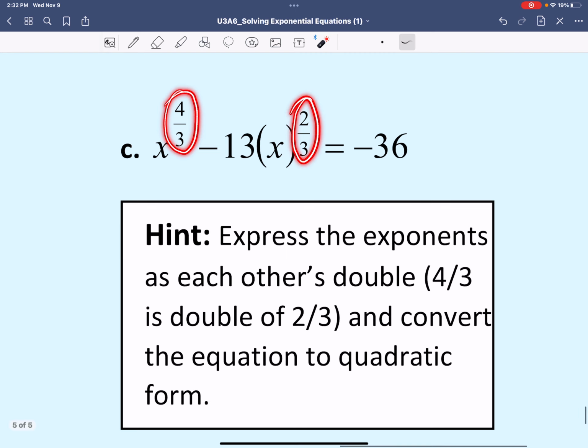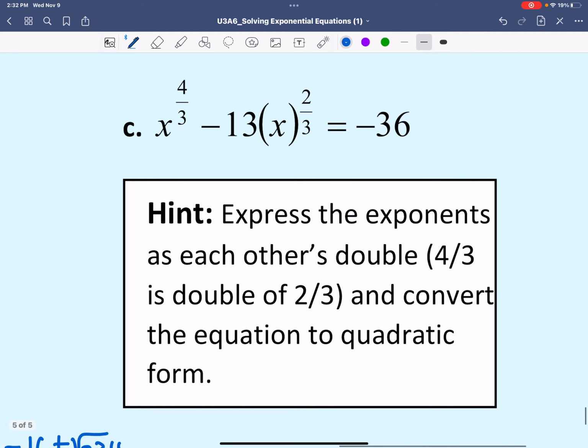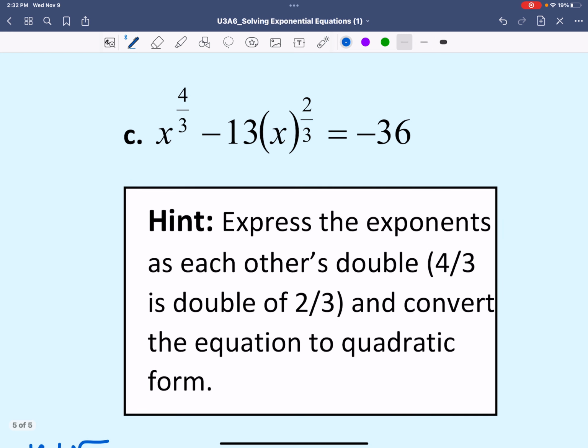When the exponents are in rational form and you have three different terms in the equation, what you want to try to do is express these exponents as doubles of each other. So for example, you would have x to the power of 4 over 3 as x to the power of 2 over 3 squared, minus 13 times x to the power of 2 over 3, and then equals negative 36.